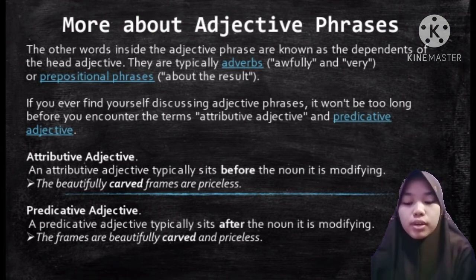An attributive adjective typically comes before the noun it is modifying. The beautifully carved frames are priceless. A predicative adjective typically comes after the noun it is modifying. The frames are beautifully carved and priceless.